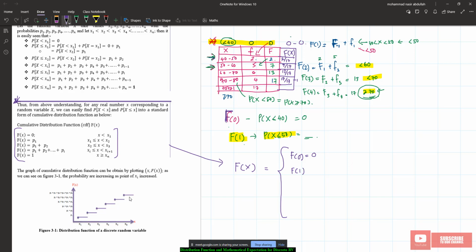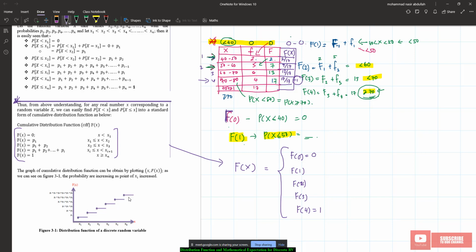So kita tengoklah sini ada berapa? 1, 2, 3, 4. Capital F2, capital F3, and capital F4. And if you remember here, capital F4, row number 4, the probability is always equal to 1.